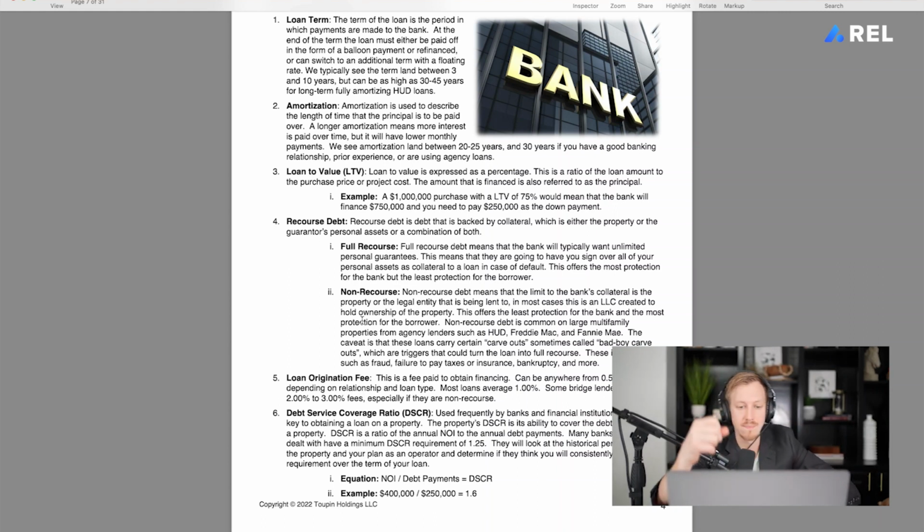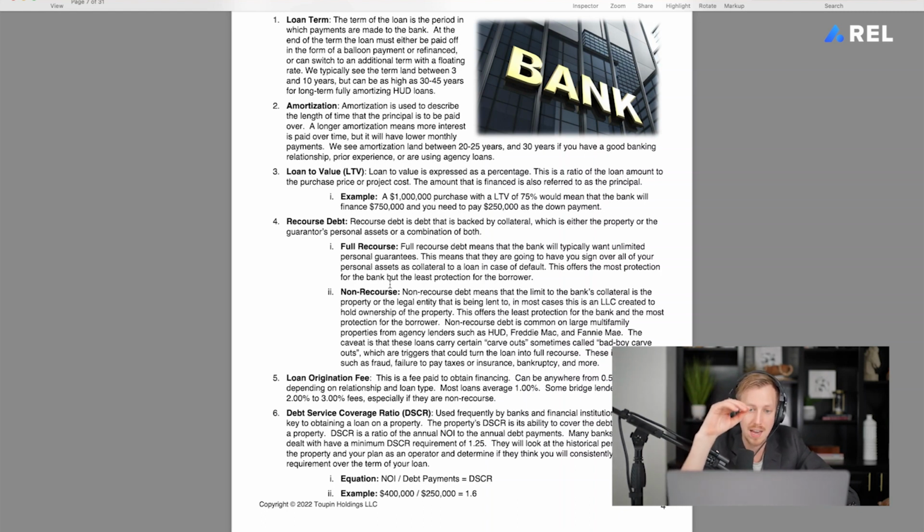We are signing on as guarantors. Even though the LLC is going to guarantee the loan, the owners of the LLC are also going to guarantee the loan. However, in a non-recourse scenario, non-recourse loan means that the bank's collateral is limited to the legal entity, or the LLC that owns the property and everything that's in it, right?